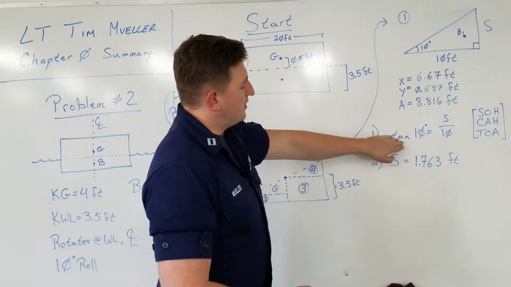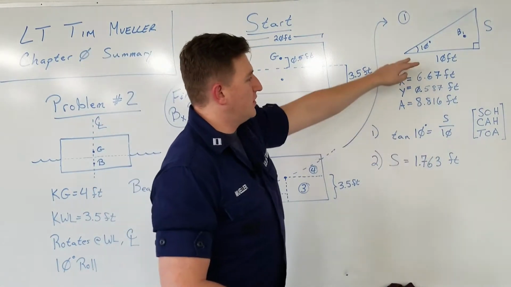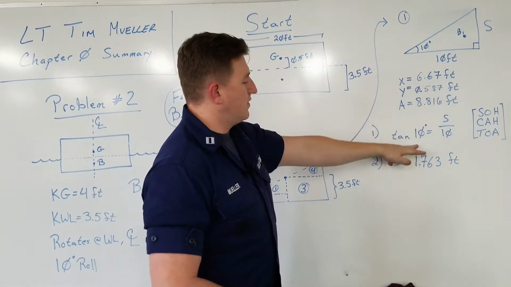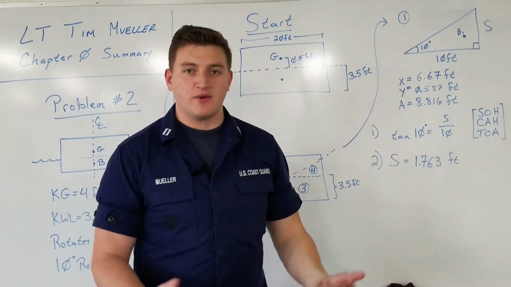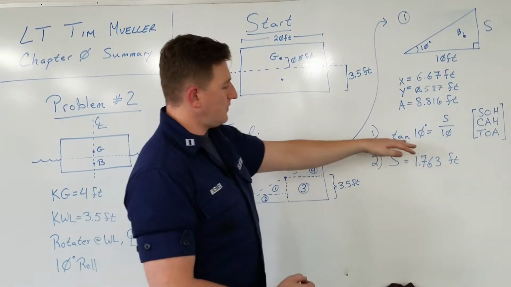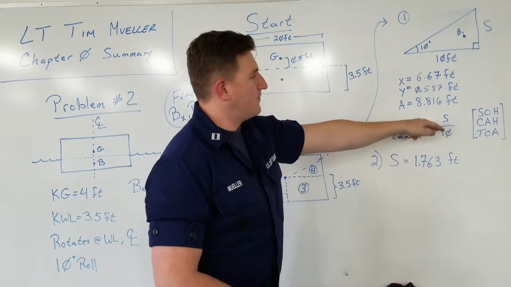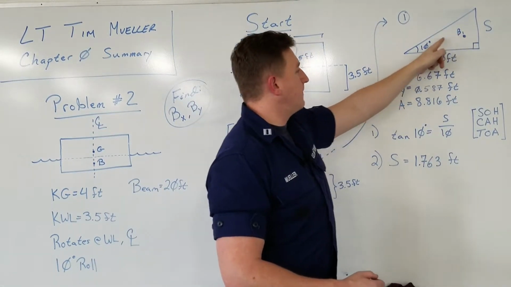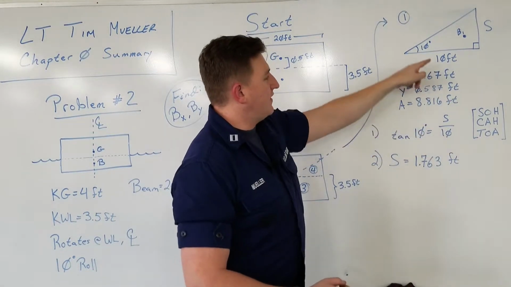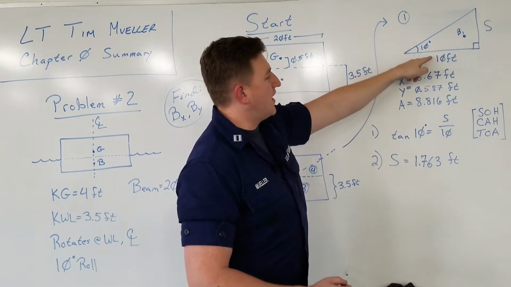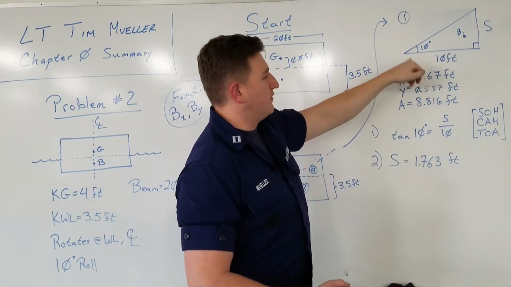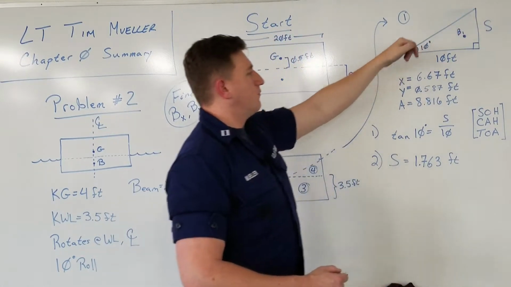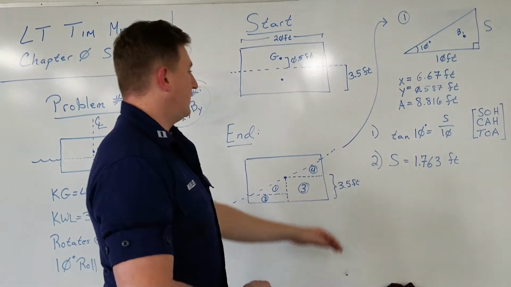So the tangent of an angle, we know the angle because we're inclined over 10 degrees. Tangent's just a function, so now we know the tangent of 10 equals opposite s, because s is opposite of the 10-degree angle, over 10. 10 is the adjacent side to the 10-degree angle. Then this is a hypotenuse, which we're not going to be using right now.